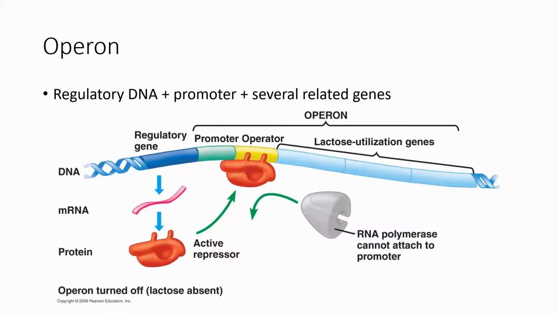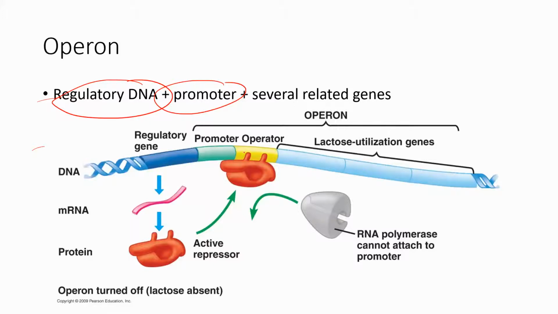So an operon is a set of genes that are controlled by the same on-off switch. You have some regulatory DNA, which usually produces a gene that's either going to turn an operon on or turn it off. It's going to have a promoter. A promoter is an area that helps binding of RNA polymerase.